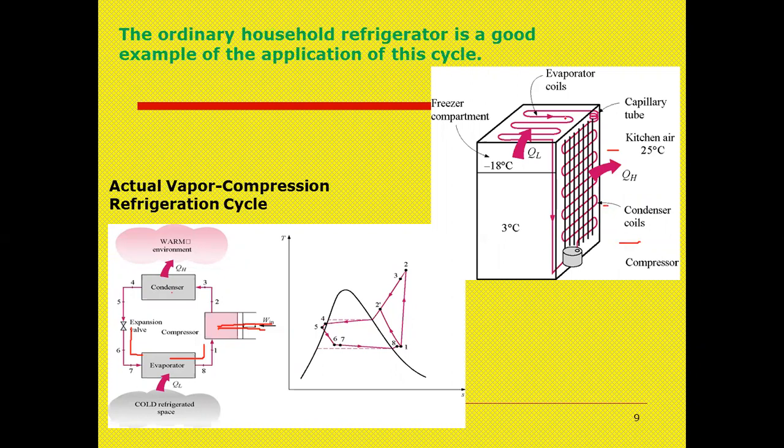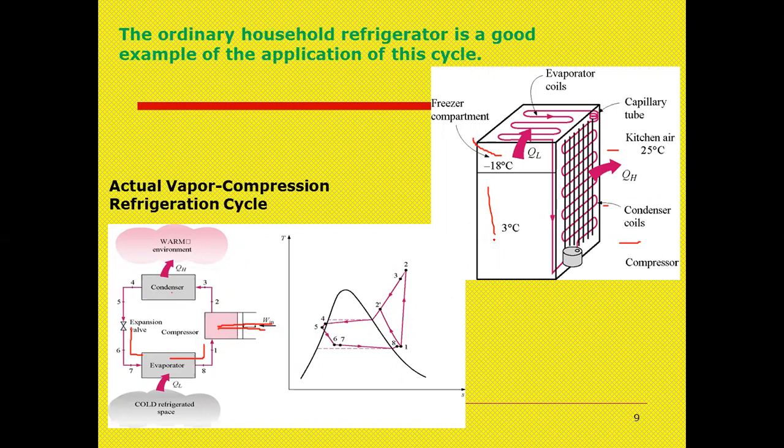Here on the top also this capillary tube is circulated and passing into the compressor chamber. So this total cycle, the compressor, condenser and capillary tube, is placed at the back of a refrigerator, and here you are having the deep freeze component, and here you are having the normal component.